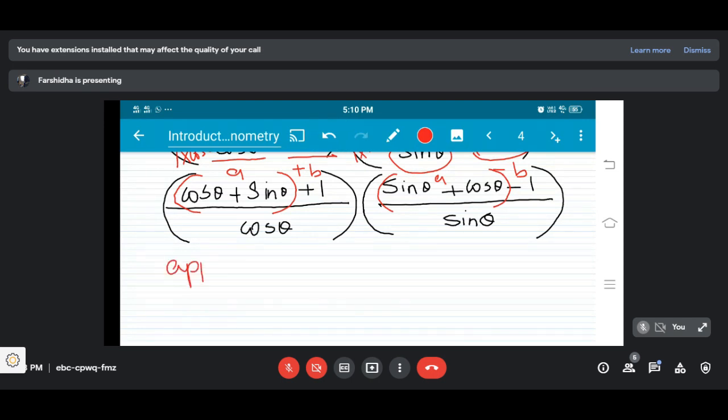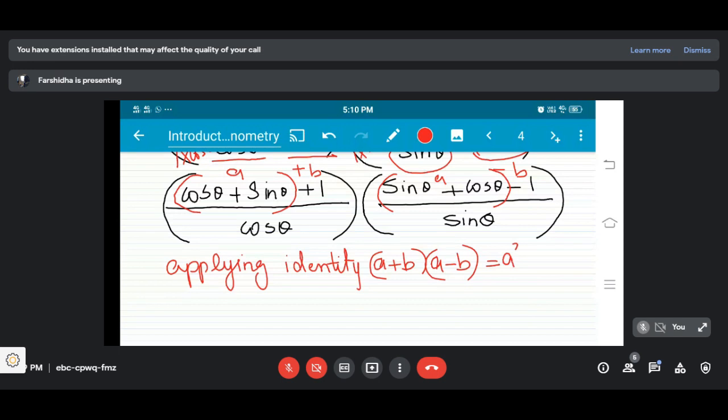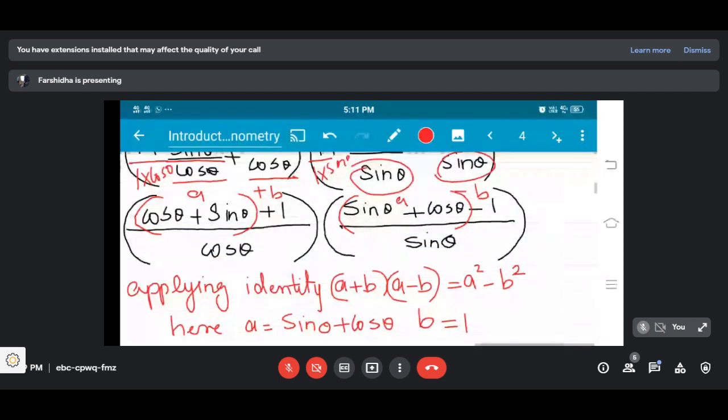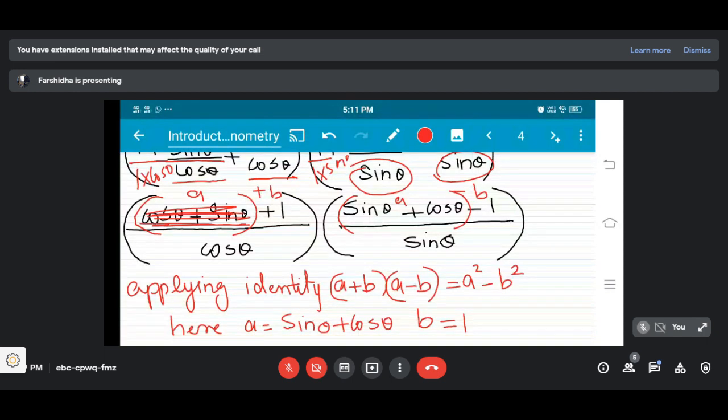So applying the identity a plus b into a minus b equals a square minus b square, here a is equal to sin theta plus cos theta, b equal to 1. This whole thing I am considering as a plus b, then a minus b. This is in the form of the third identity.